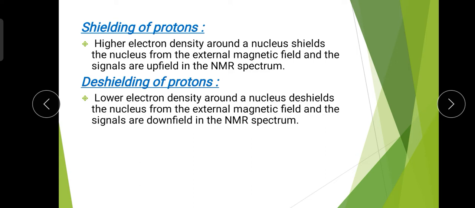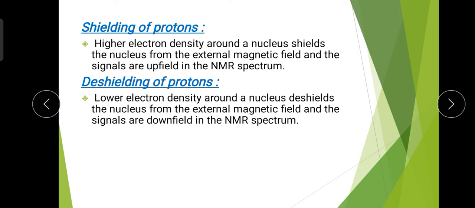We know that in an atom at the center there is a nucleus, and the nucleus consists of protons and neutrons, and around the nucleus there are electrons. The electrons revolve in particular orbits around the nucleus, but when the electron density is higher around the nucleus, the electrons are in maximum number around it, and they shield the nucleus from the external magnetic field.